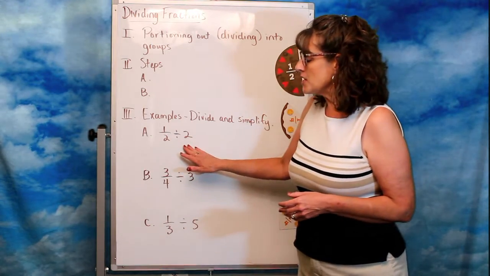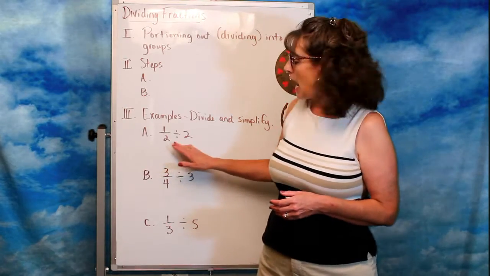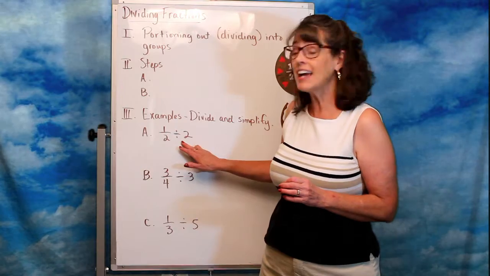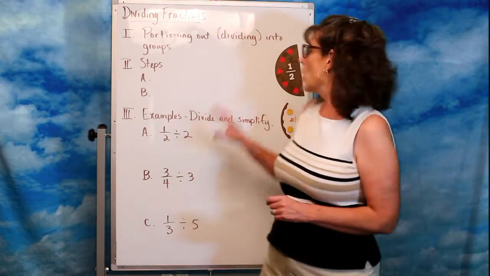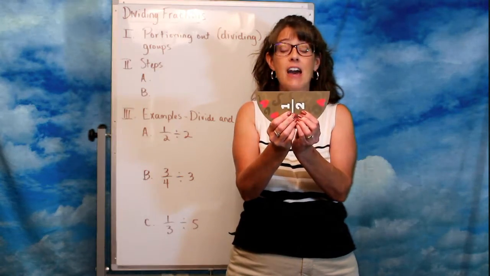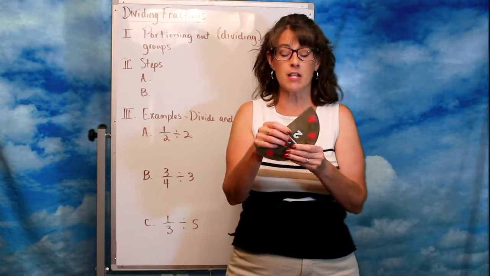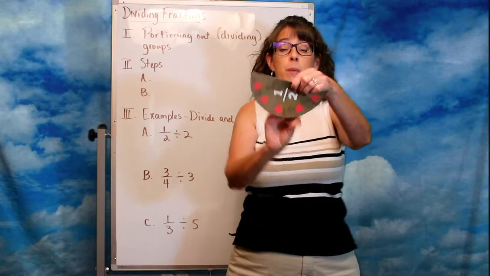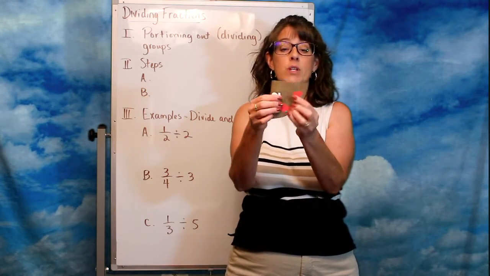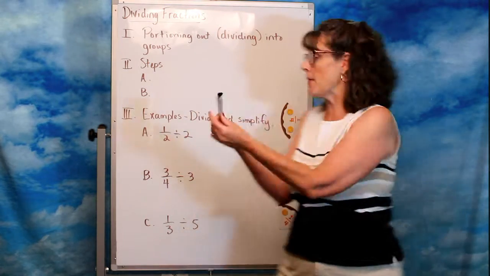So in this first example, it says I'm going to take a half and I'm going to divide it by 2. And what that means is I'm going to take a half and I'm going to divide it into 2 sections. Well, here I have a piece that is a half. If I take this half and I rip it and divide it out into 2 pieces, each piece is going to be about this big.